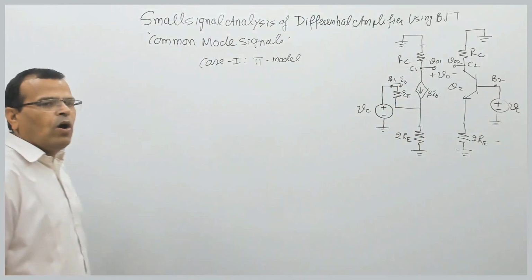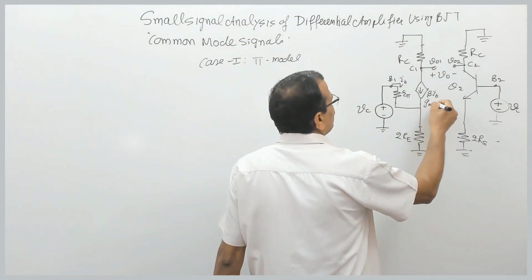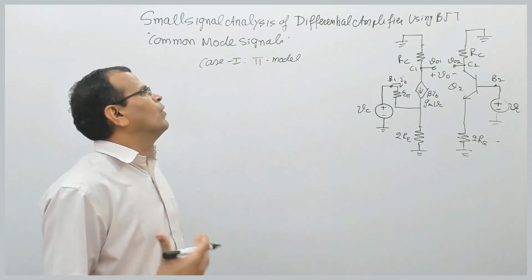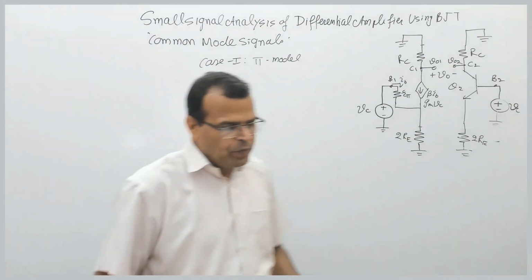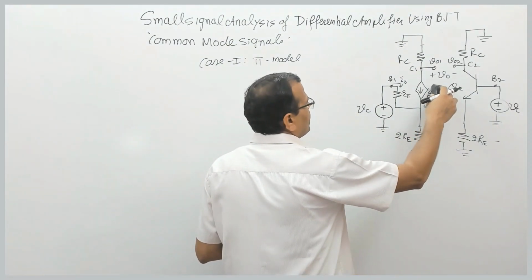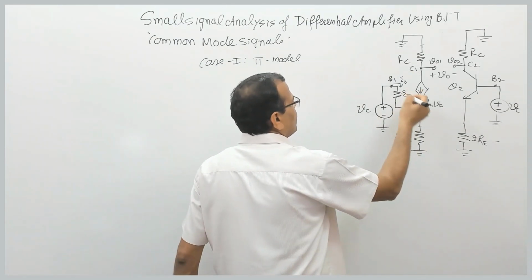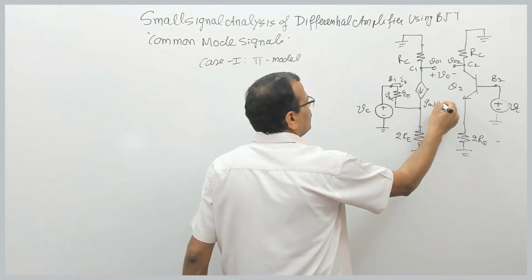Fine. Or instead of beta, you can take gm into Vc also. It is your choice. That depends on whether you are given beta or you are given r pi. So here I will be taking gm instead of beta. Why am I taking Vc? Because the voltage is VBE here.